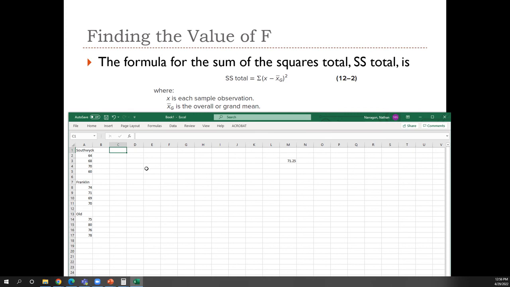So, we're going to create the SS total, which is x minus, again, x bar g, x bar g for the grand mean. We're going to keep it so that we know what the formula is.